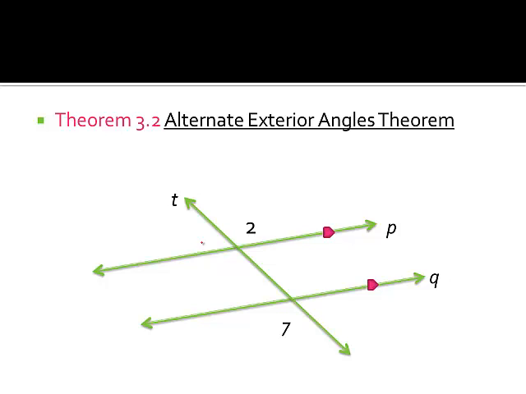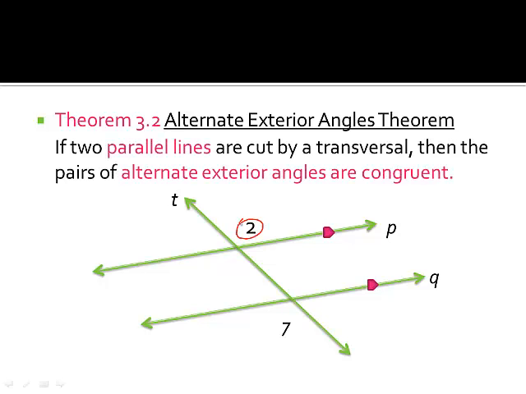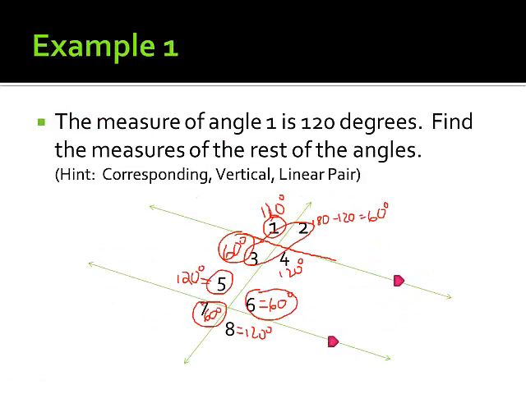Alternate exterior angles. They are going to be congruent as well. So, just like the alternate interior, the alternate exterior angles are going to be congruent. So this is one pair of alternate exterior angles, and we say that they're congruent. And again, you can look at the figure, and you can look at this one here. We have angle 7, angle 2.